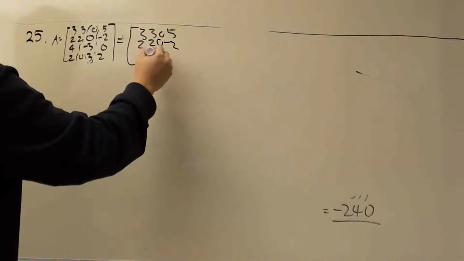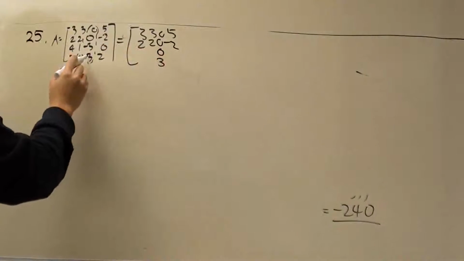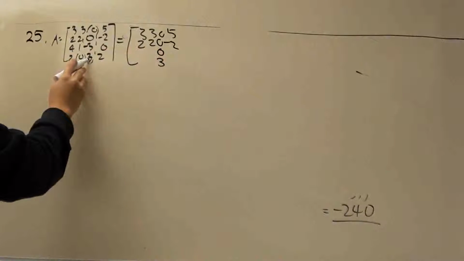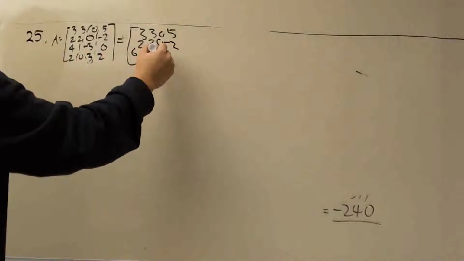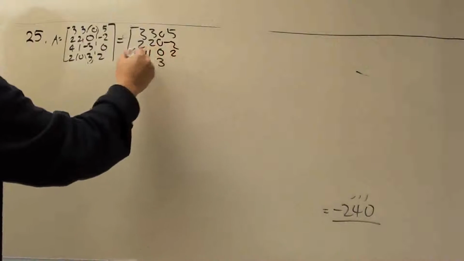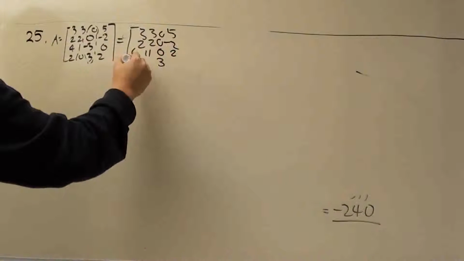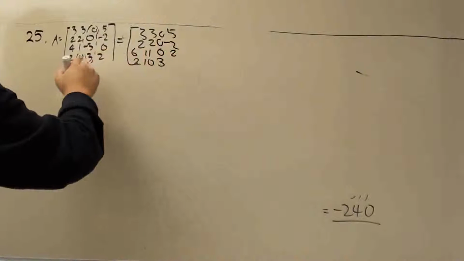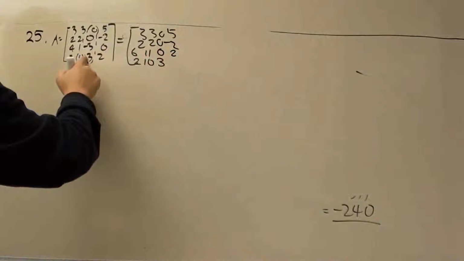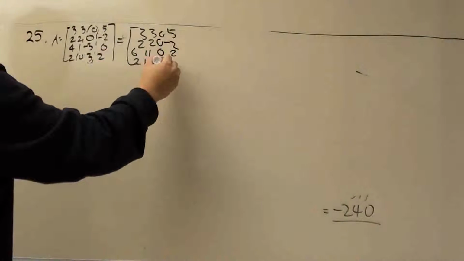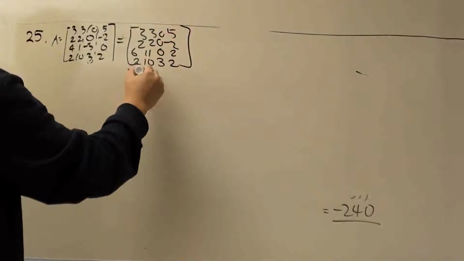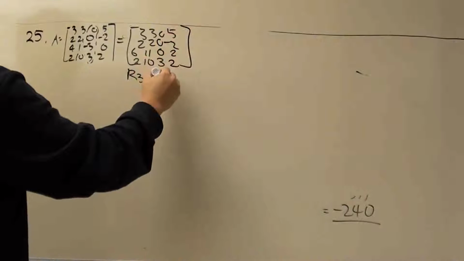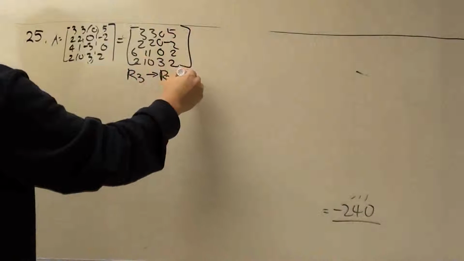So what I did, I added the fourth row to the third row. That's going to be 6, 11, 0, and 2, and this is going to be 2, 10, 3, 2. So row 3 is row 3 plus row 4.